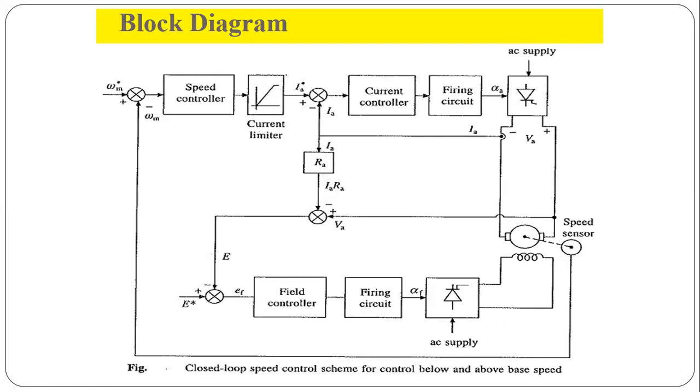This is all about the block diagram of the closed loop speed control scheme for control below and above base speed.